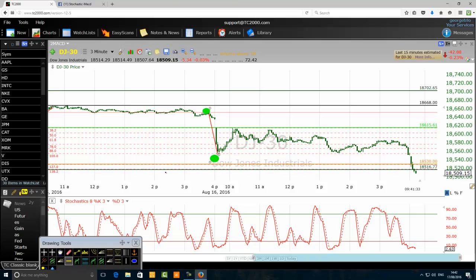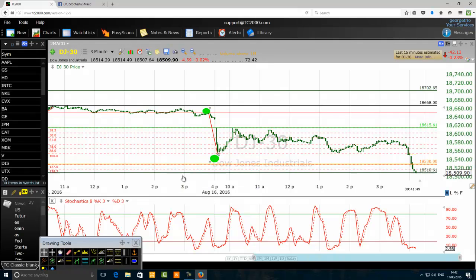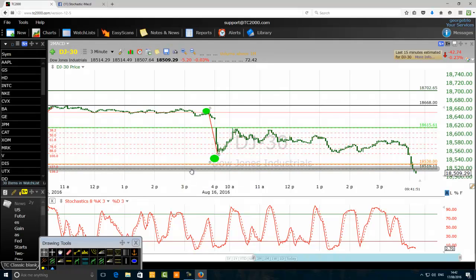So I'm going to call out my 138.2% Fibonacci extension level. Here it is. Just adjusting my line carefully here. On the dotted line, here it is. This is the 138.2% Fibonacci extension level.